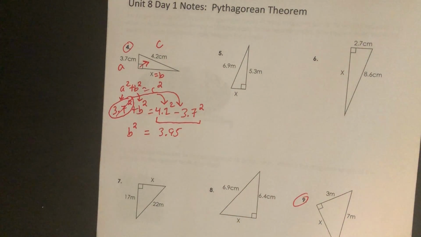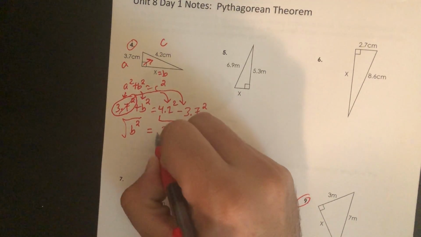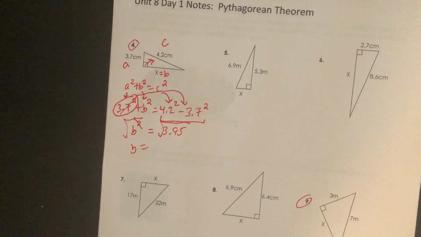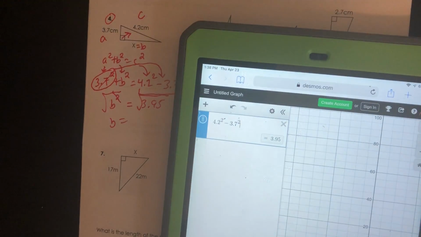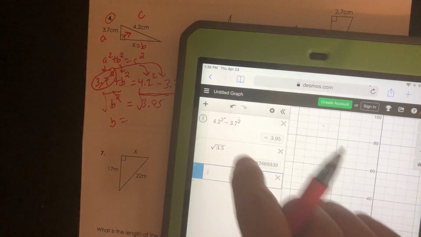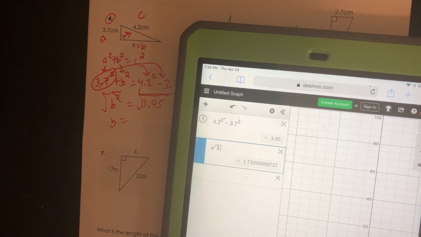Now, the opposite of a square is square root. So we're left with B equals, let's see what the square root of 3.95 is. Darn it. There we go.